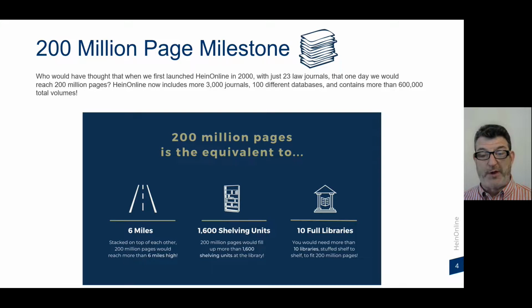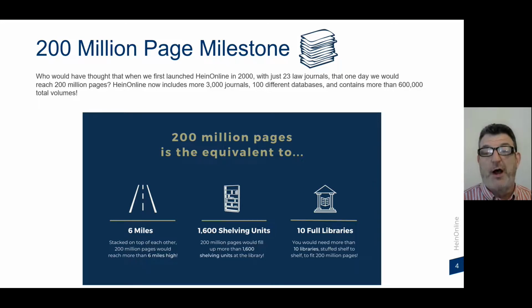And who knew that we would be over 200 million pages worth of material? We have 100 different databases available in HeinOnline. As I mentioned, 38 of them are in the HeinOnline Academic package. And HeinOnline contains more than 600,000 total volumes, which is indeed amazing.